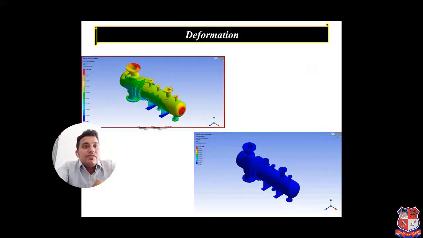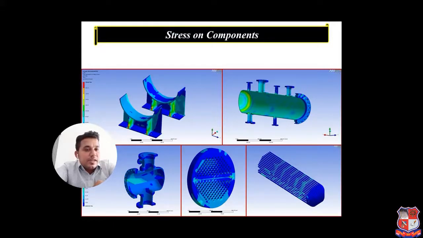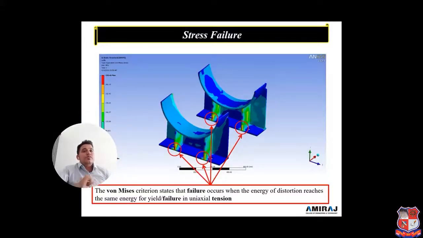This is the partial deformation of each and every component. Have you observed that this is the failure? We are doing the von Mises stress analysis, and failure occurs when the distortion energy reaches the same energy as for yield failure in uniaxial tension, meaning when it cannot withstand that tension, failure should occur.